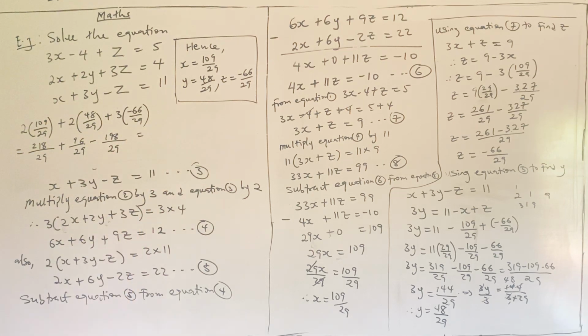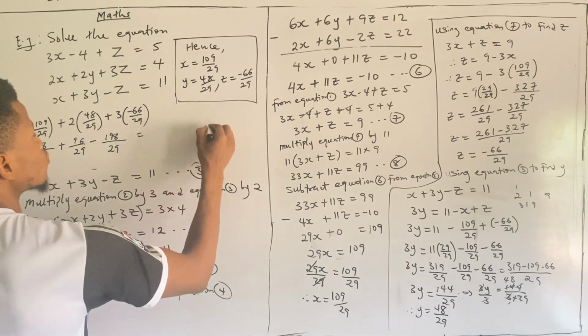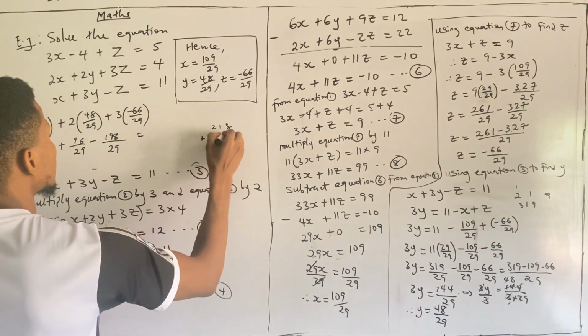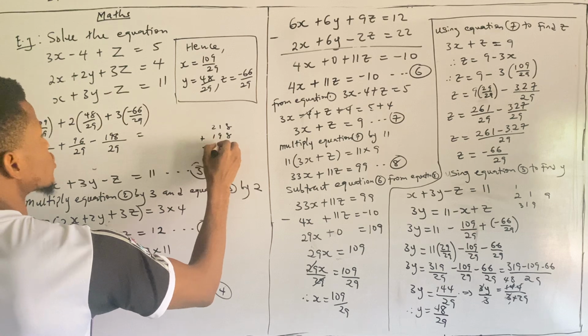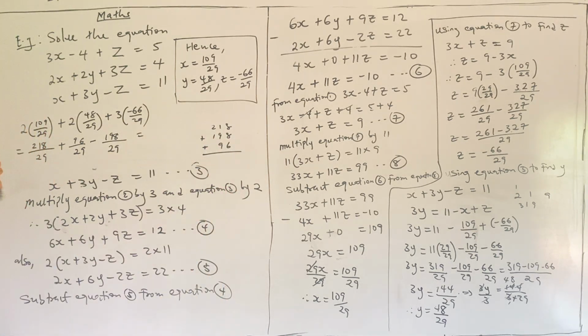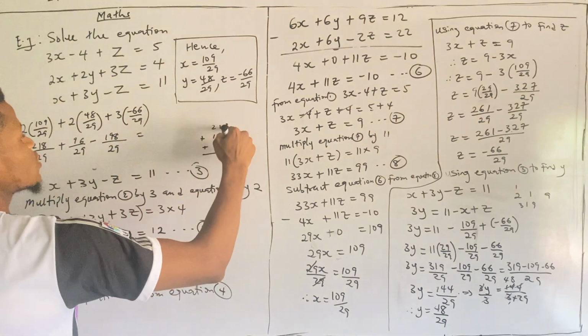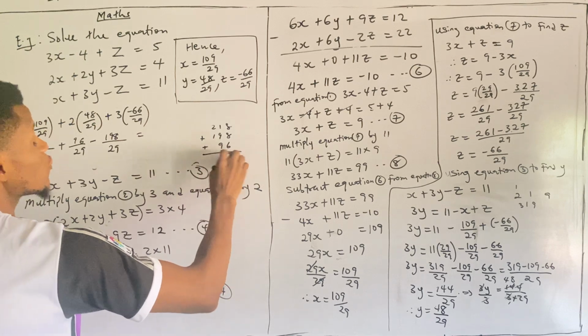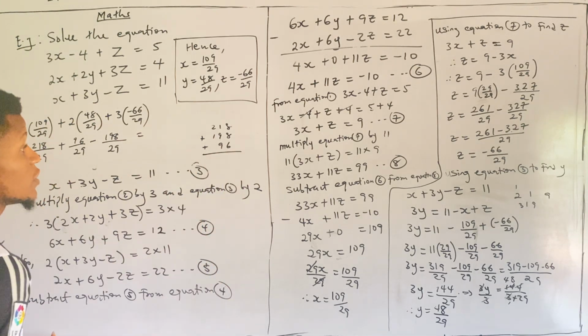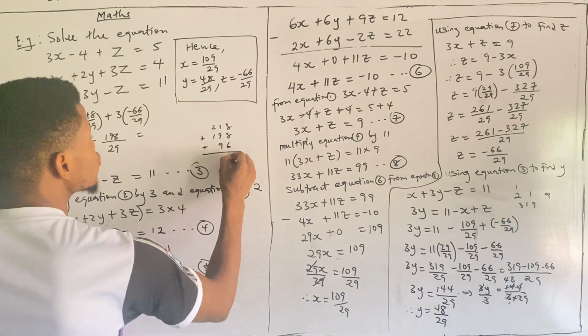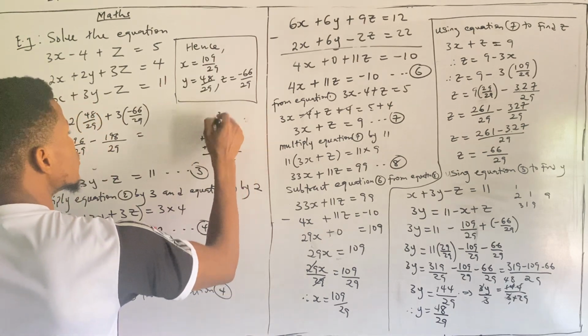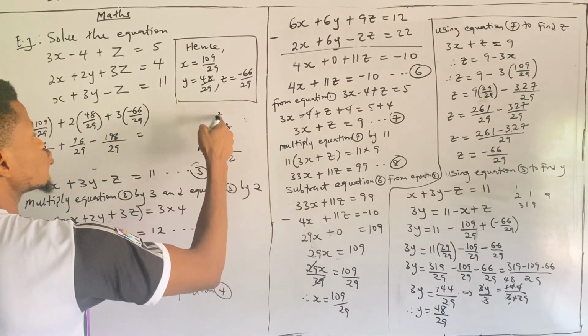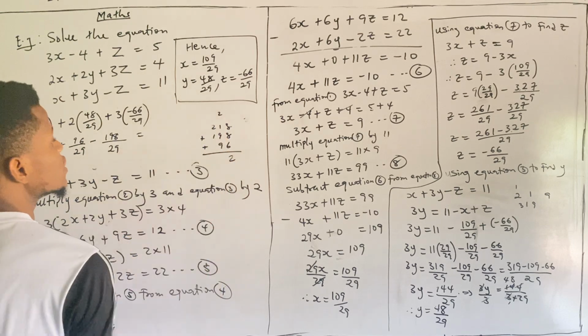So this will be equals to, so we're going to add the entire numerator. So we have 218 plus 198 plus 96. So this is 8 plus 8, 16, 16 plus 6, we have 22. So we have 2, we carry 2 here. So 2 plus 1, 3, 3 plus 9 is 12.